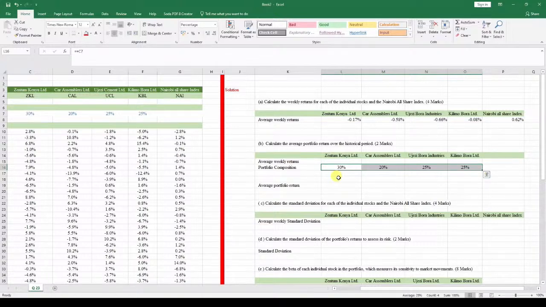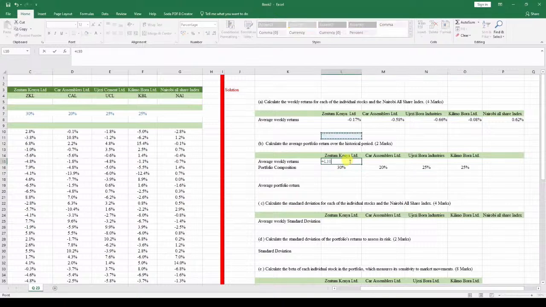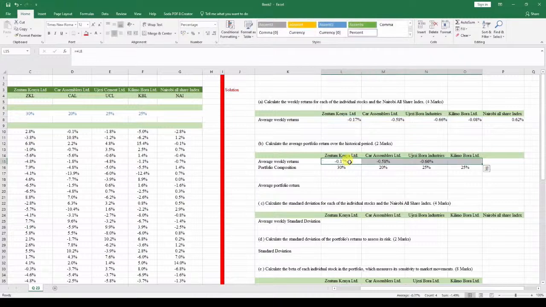Remember, we have computed the average weekly returns above here. So we just link it with up above there, and then we drag it, Control R, like that, the same values, excluding the All Share Index.